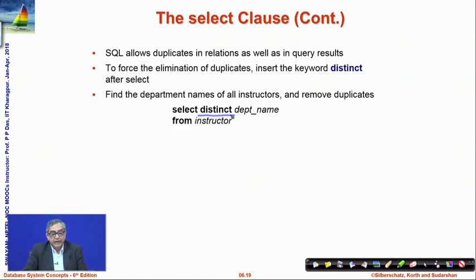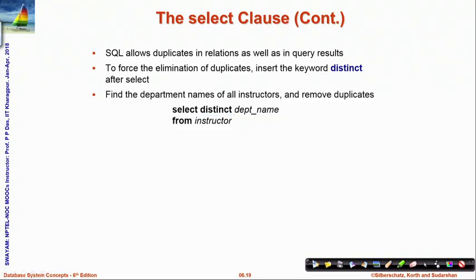So, select distinct dept name from instructor will select the departments of all instructors. If it just selects the department name of all instructors, then it is quite possible that the same department name will appear a number of times, because every department has multiple instructors. But when we use distinct, then every name will feature only once in that selection.